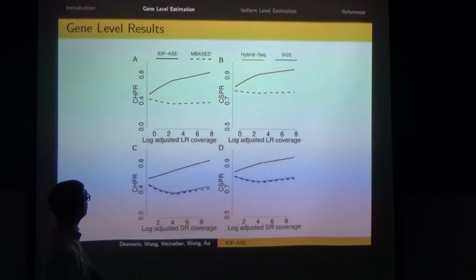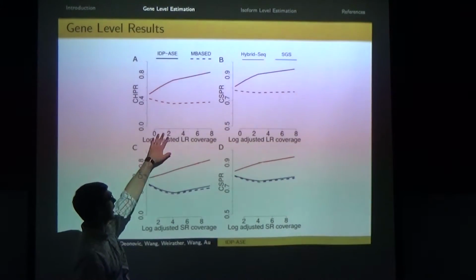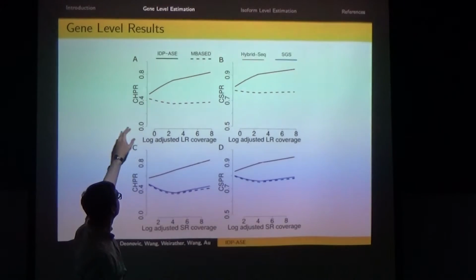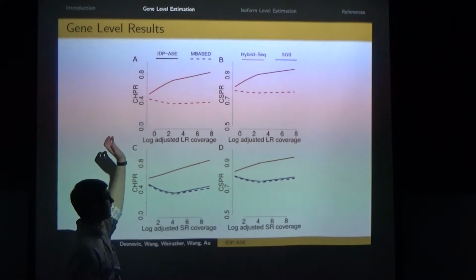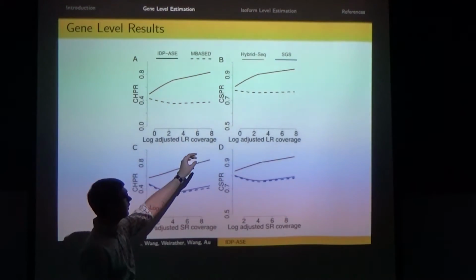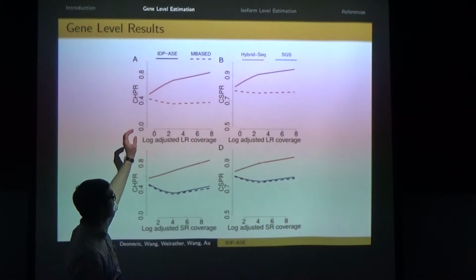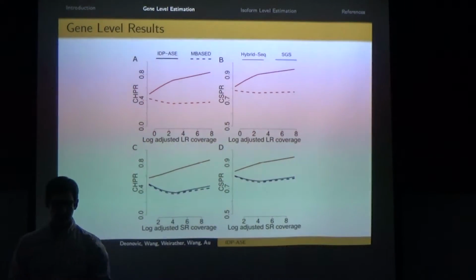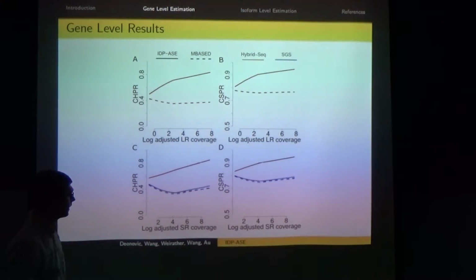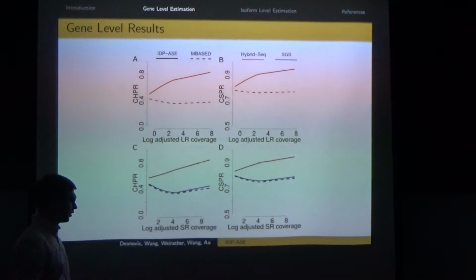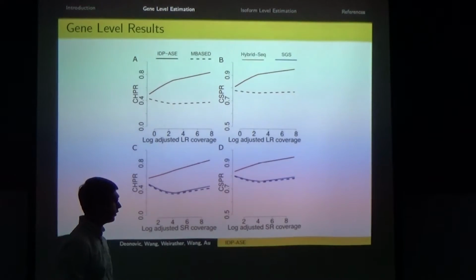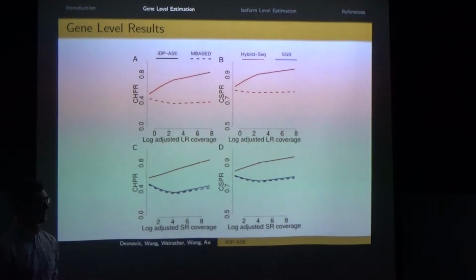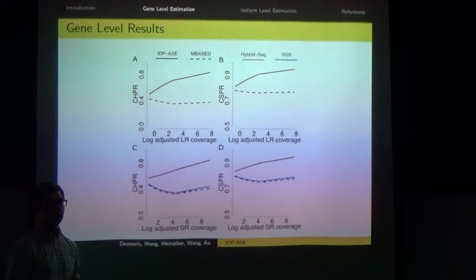What we see here is that as we have more long reads, the performance of IDP-ASE improves, whereas the performance of M-based does not improve as the number of long reads increases, which is similar to the point we made earlier, that shows that M-base is unable to utilize the information the long reads provide.